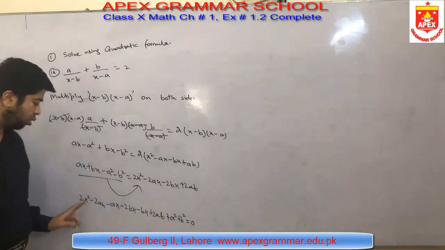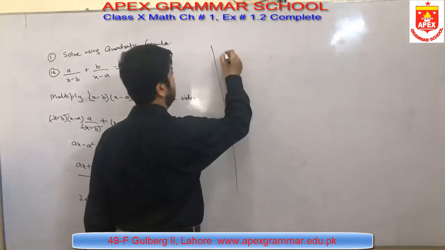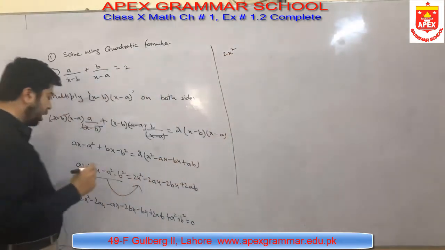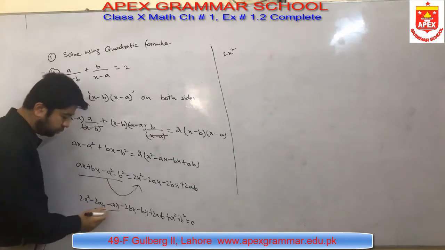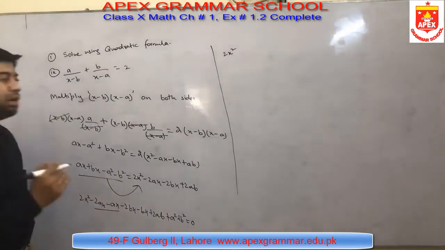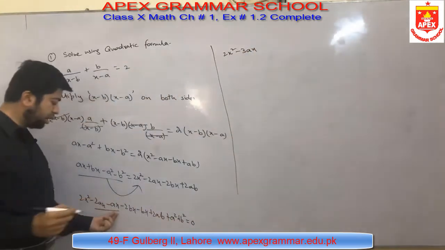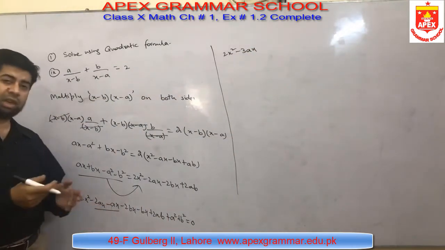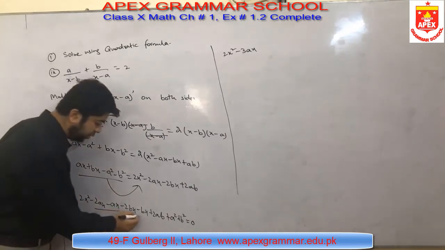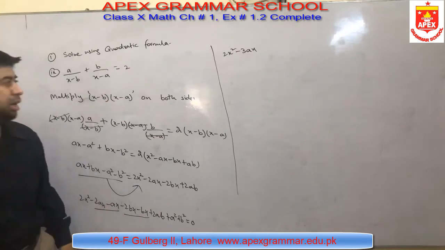Now see what is in the family of x square. You see that only one value, this is 2x square, so write it as it is, 2x square. After that minus 2ax and minus ax, this becomes minus 3ax, because this ax coefficient is minus 1, and with minus 2 and minus 1 it is minus 3. And the same with this, minus 2bx and minus bx becomes minus 3bx.